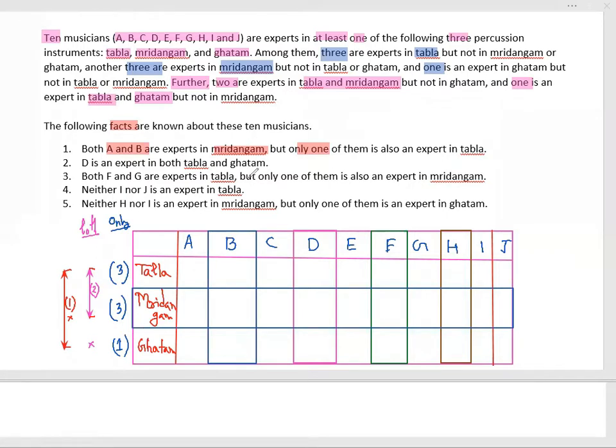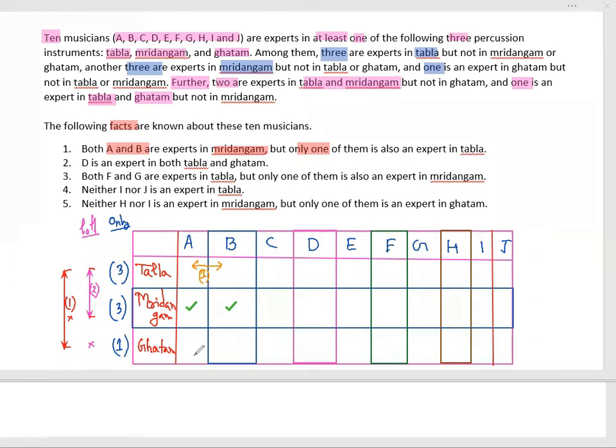So A and B, both of them, in mridangam, let me put the tick mark. But only one of them is also an expert in tabla. The tabla part would be there. I don't know which one, so I need to write it down in this format, only one of them.